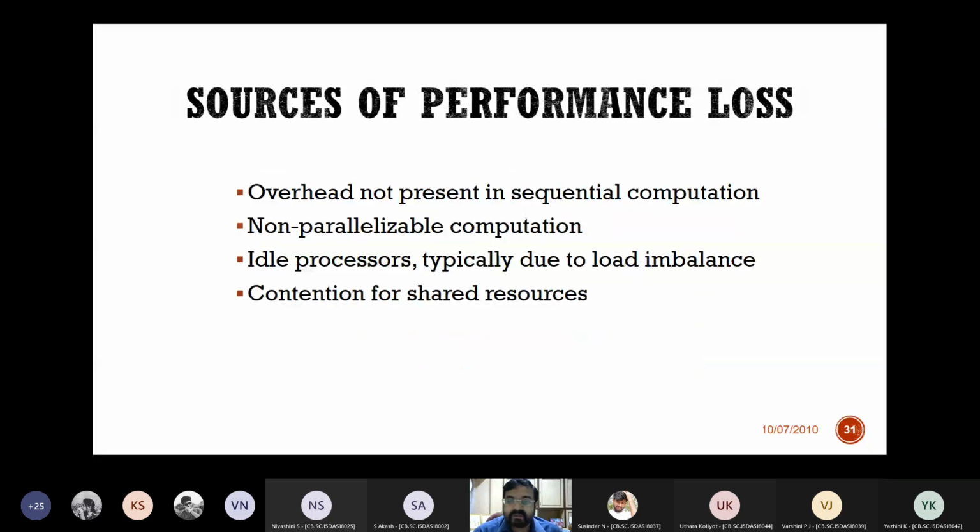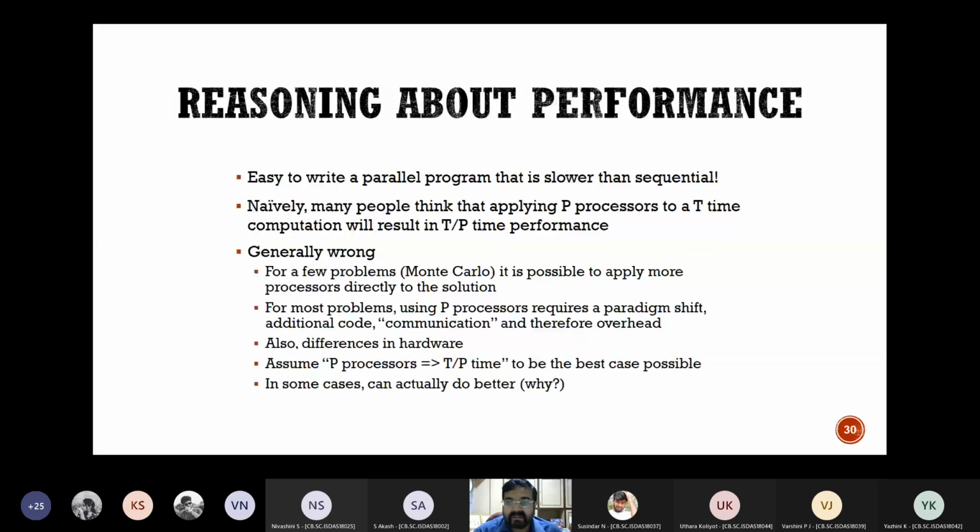Then I also told you that when we are having parallel processes, parallel systems, definitely we are not going to have a total division of time. If one processor is doing the job in 10 minutes and you have 5 processors, it will not happen in 2 minutes. 10 divided by 5 does not work out.